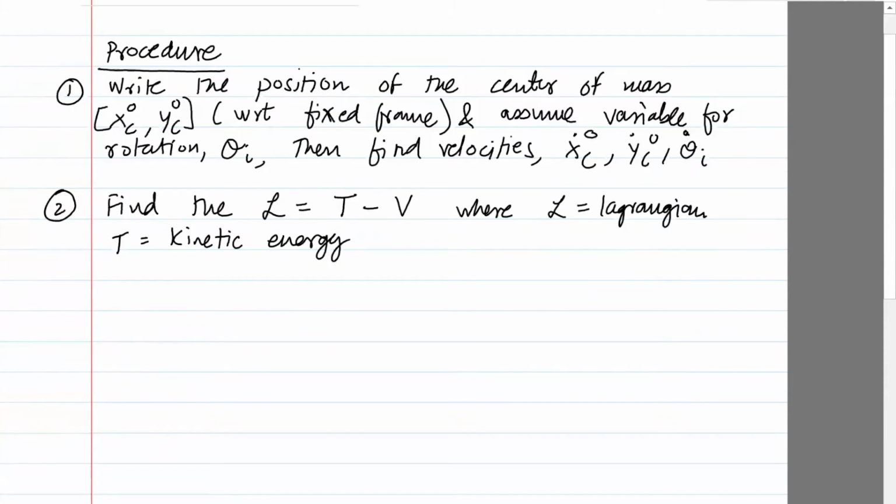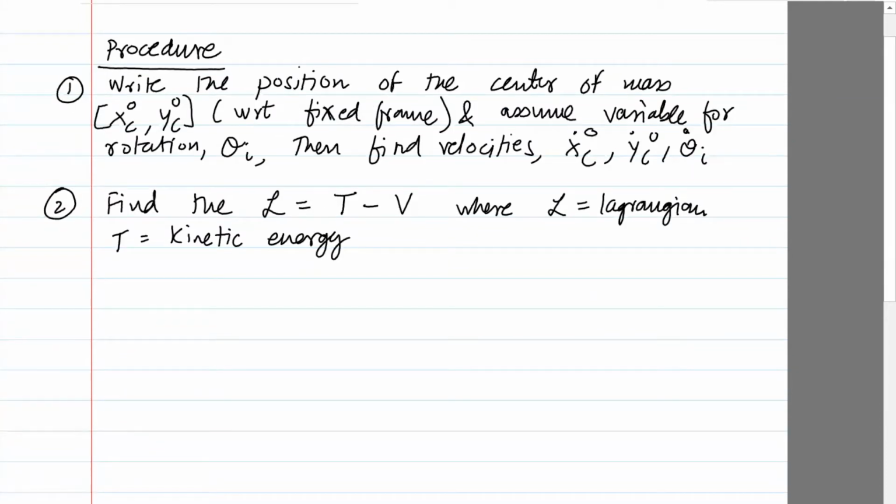So how do you write T? Well, T is half m_i v_i squared. Now, since we are talking about a generic system of multiple rigid bodies, I'll put a summation here just to indicate that we are doing multiple bodies.